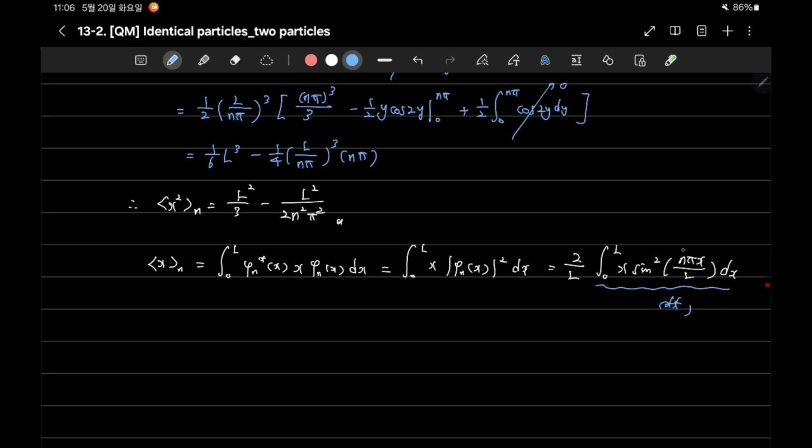Then the same substitution, y. Then 2 star becomes L over n pi squared, integral from 0 to n pi of y sine squared y dy. Likewise, it is L over n pi squared, integral from 0 to n pi of y times 1 minus cosine 2y dy.